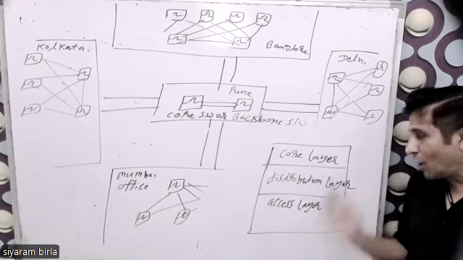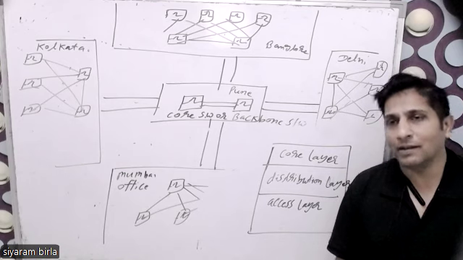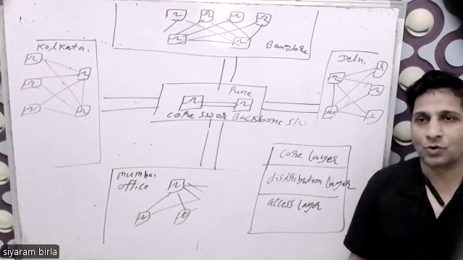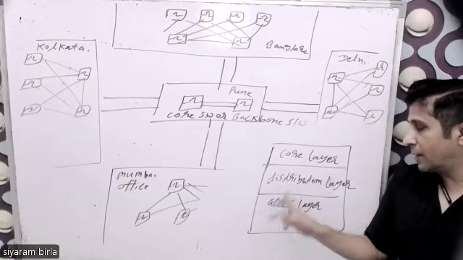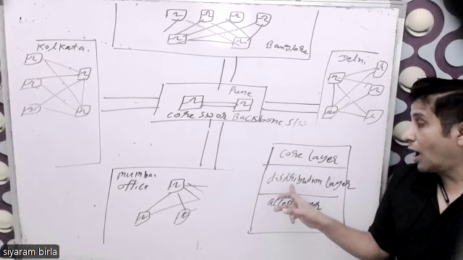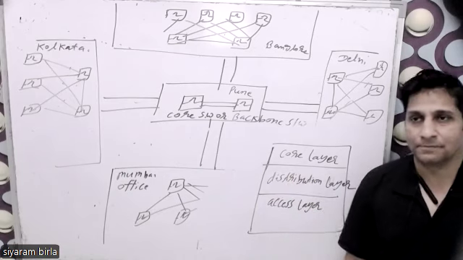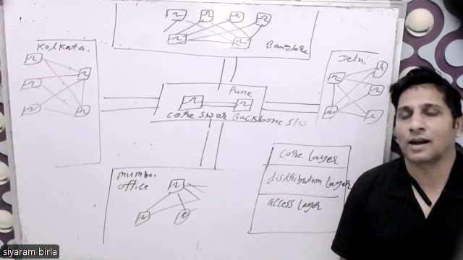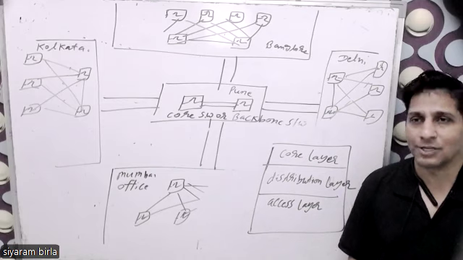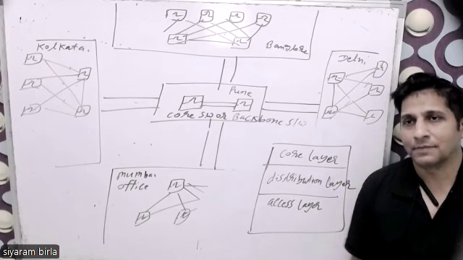The same concept is designed here. Any ISP or company architecture is based on this. Above the access is distribution, and above the distribution is the core layer. So this is called the three-layer architecture. Every company follows this.